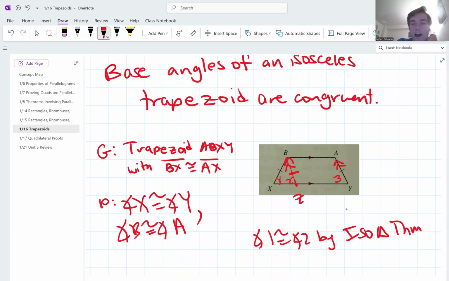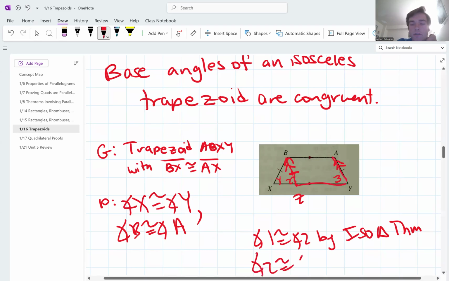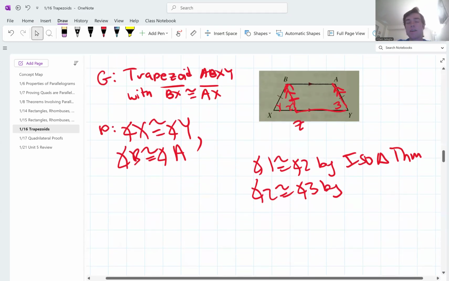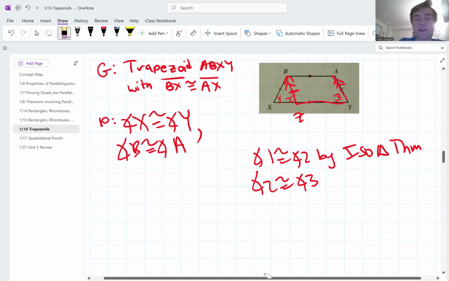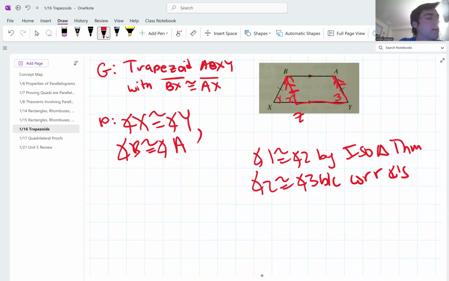Then I also know that I have these parallel lines cut by a transversal. So angle 2 is congruent to angle 3 because corresponding angles are congruent. If you were writing out the theorem, you'd have to write the whole thing, but we're just writing the main ideas.